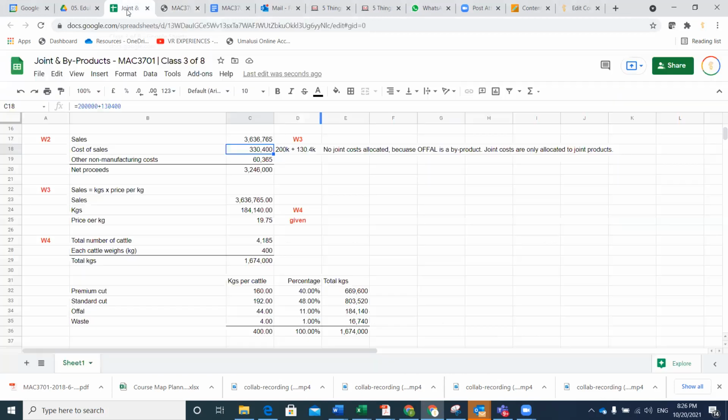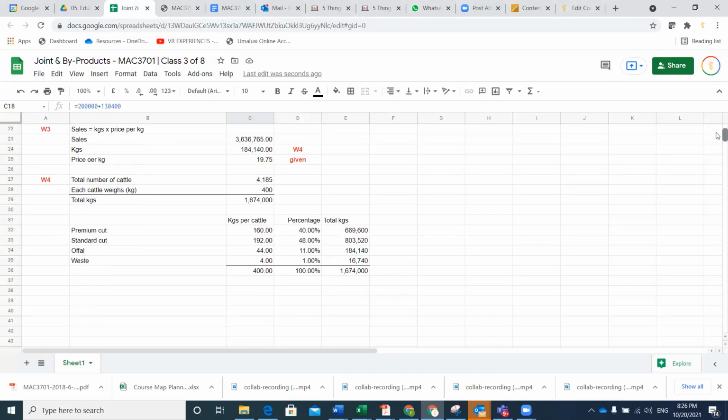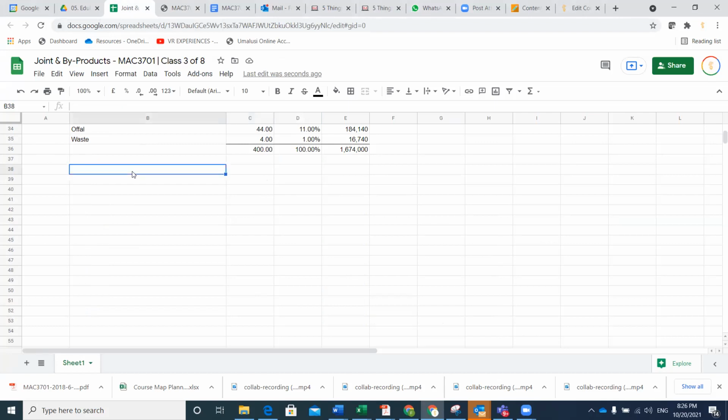So basically, the thought process is as follows. We need to allocate net joint costs to joint products using the constant GP method.